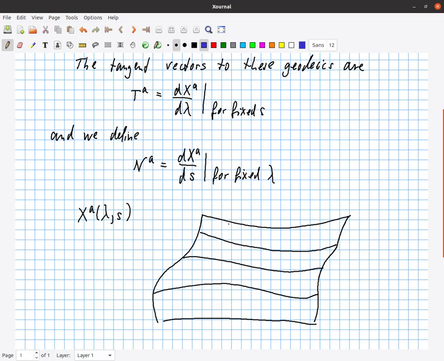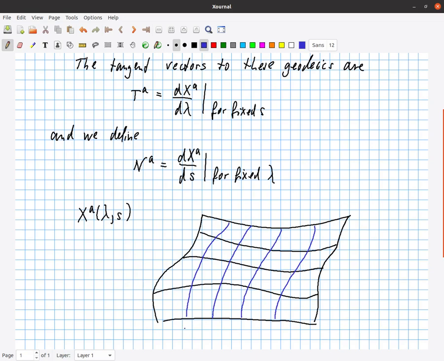Then I use a separate color for those ones. The lambda flow is up and the s flow is to the side.